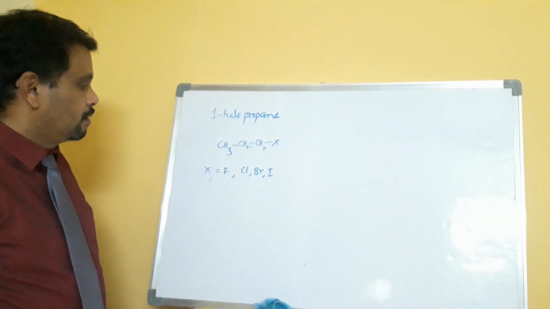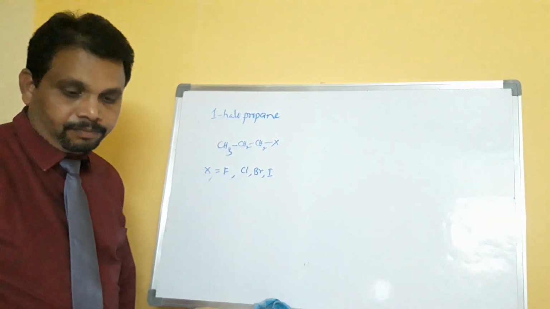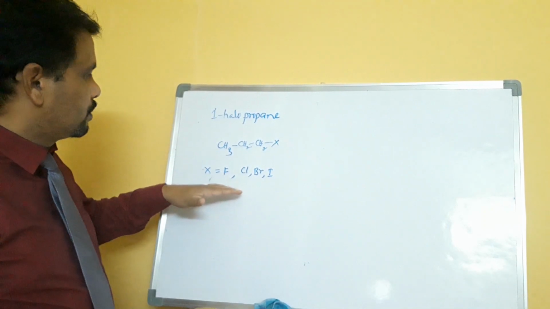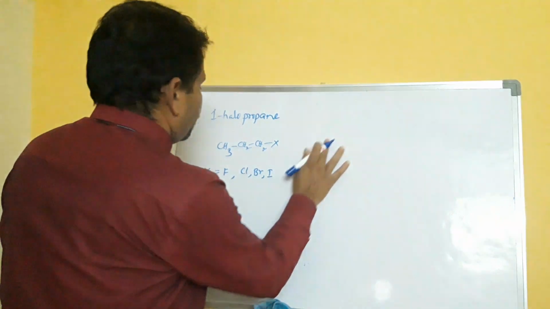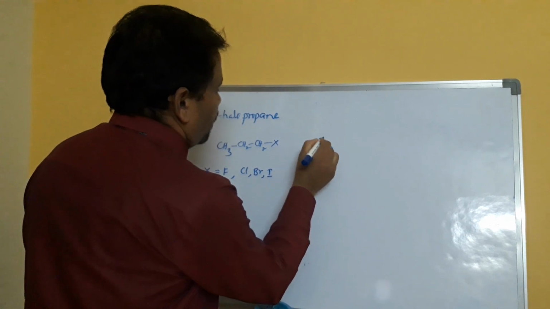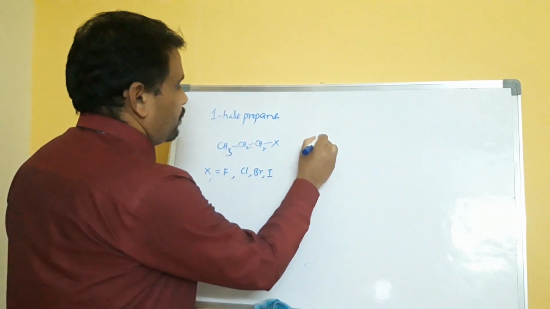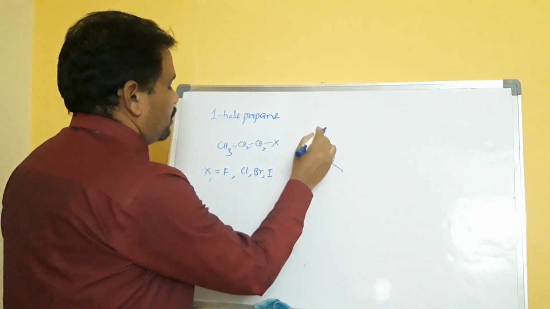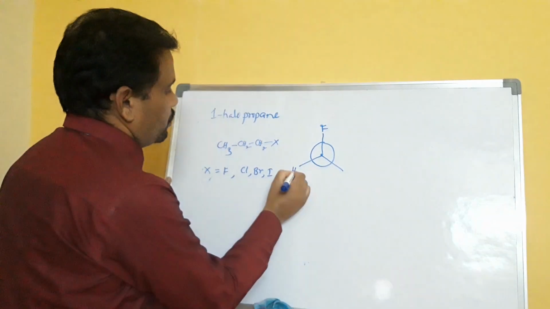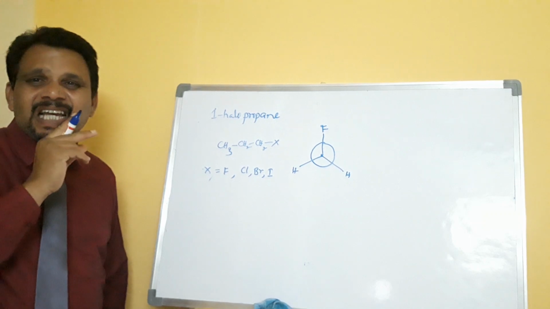Shall we write the conformers for that? This is the back carbon, we can denote it as the circle, and this is the front carbon. On the front carbon you have a halogen. First you take fluorine, and then hydrogen and hydrogen.